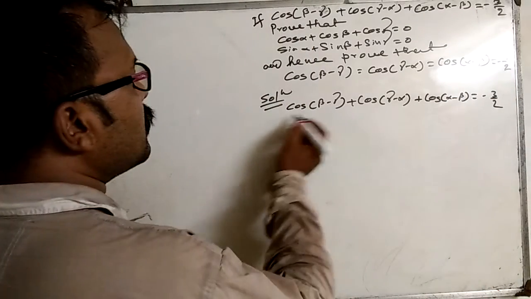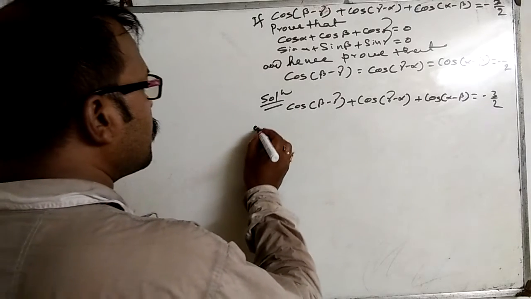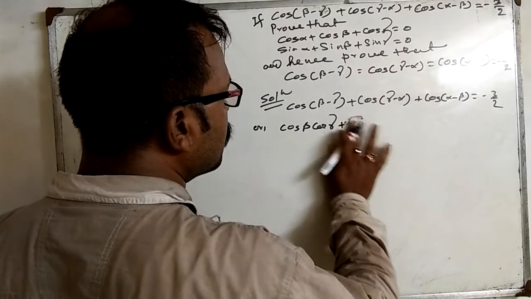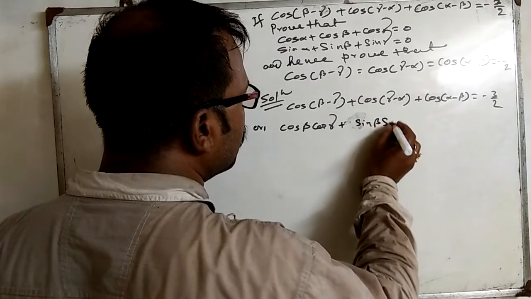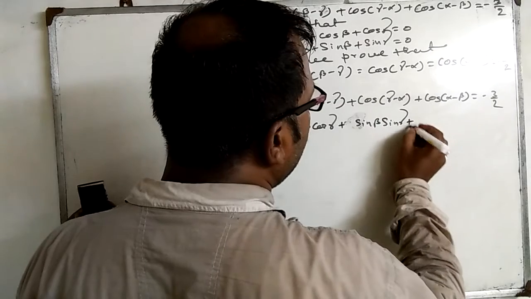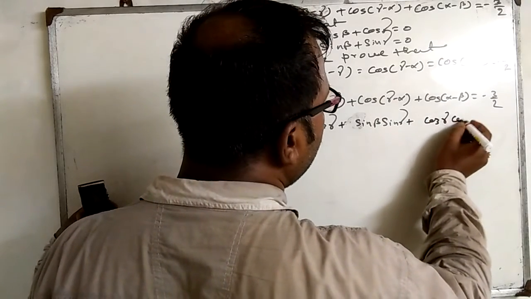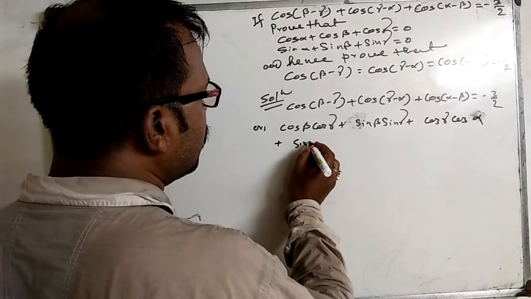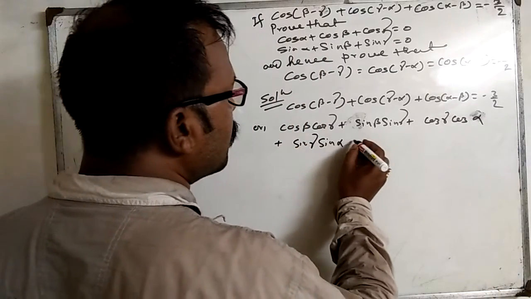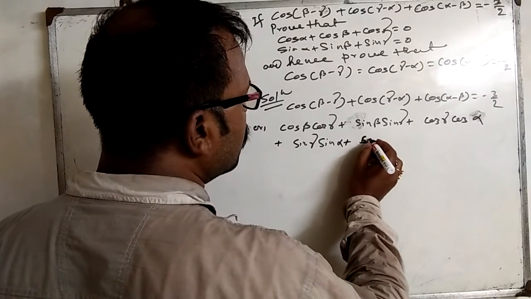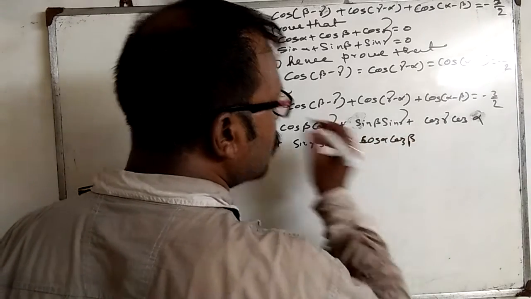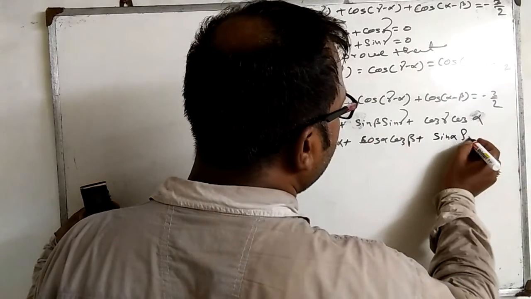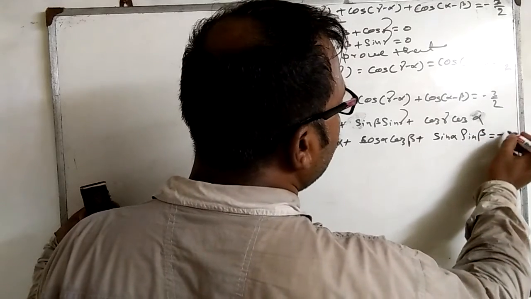I just expand that: cos beta cos gamma plus sin beta sin gamma plus cos gamma cos alpha plus sin gamma sin alpha plus cos alpha cos beta plus sin alpha sin beta equals minus 3 by 2.